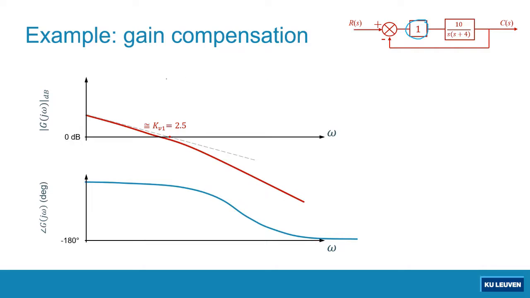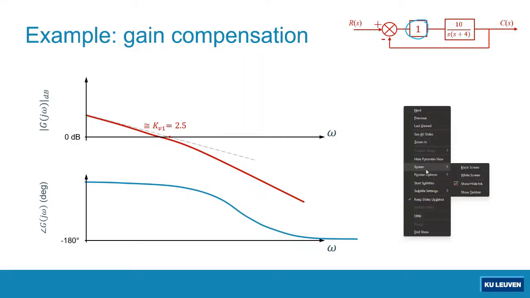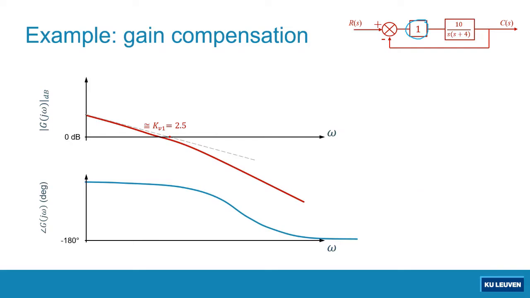So if this is the magnitude plot, simply extend the asymptote of the magnitude plot at low frequency until it crosses the frequency axis. The frequency at which the asymptote crosses the frequency axis will tell us the static velocity error constant, right?